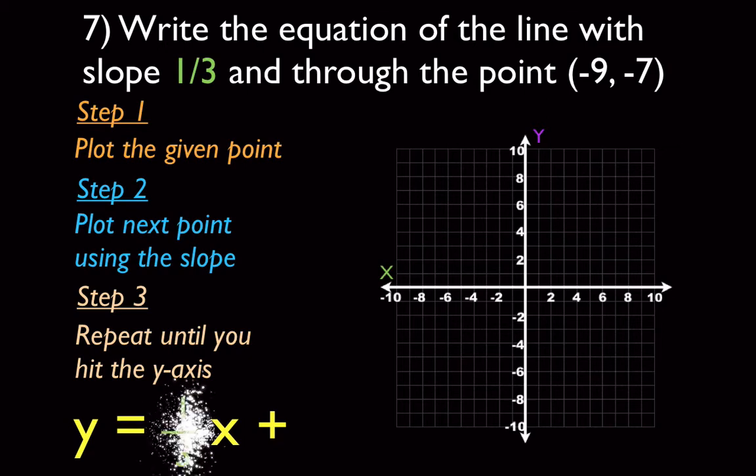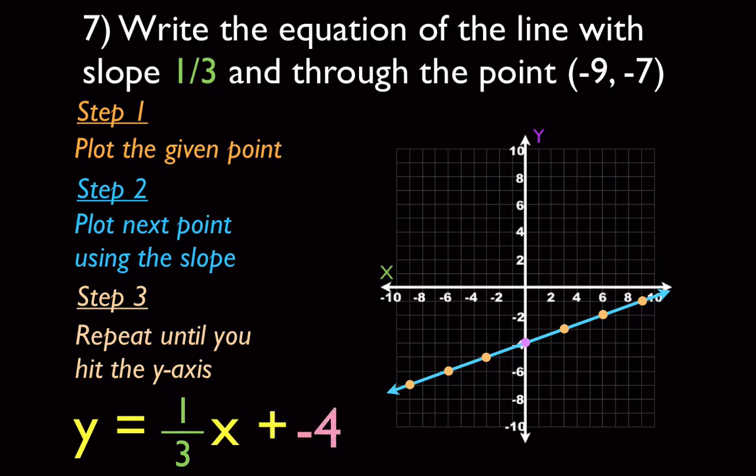We're going to plot our point at negative 9 comma negative 7, and the slope of 1/3 means up 1 over 3. Okay, repeating that process, you're going to see the y-intercept is there at negative 4. And that means that's our y-intercept.